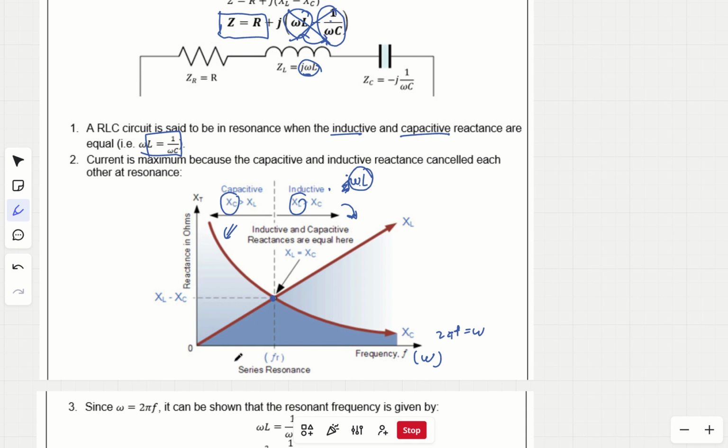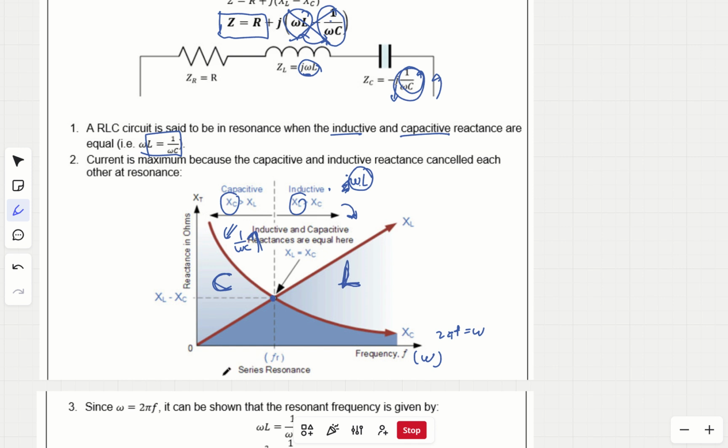At small omega, this whole thing becomes bigger because it's in the denominator. So at low frequency, your 1 over omega C becomes large. So here it's capacitive, here it is inductive.